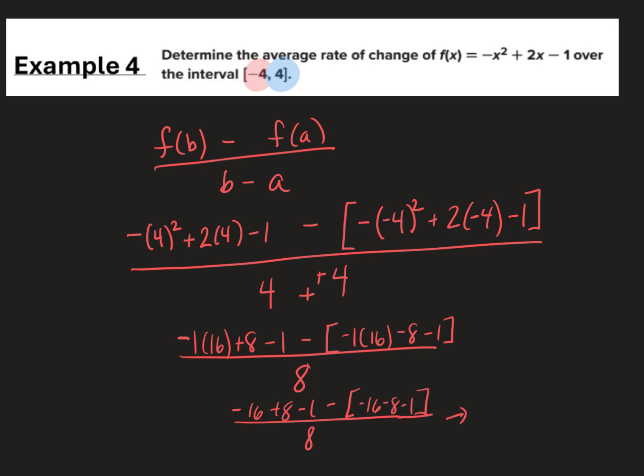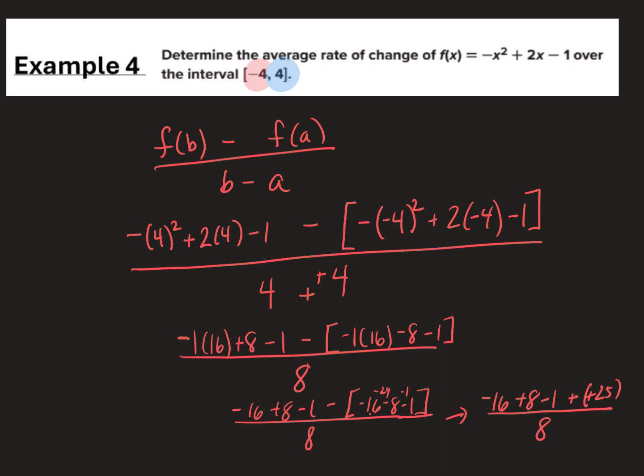Then I'm going to combine what's in the brackets. So negative 16 plus 8 minus 1. I'm going to put a subtraction sign. Negative 16 minus 8 is negative 24. Negative 24 minus 1 is negative 25. All divided by 8. And this is going to become plus positive 25. So let's do the math all the way across.